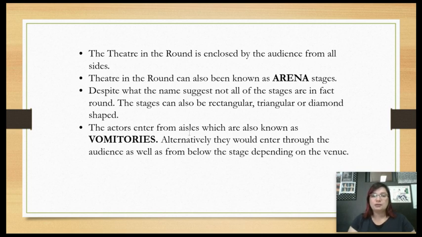Okay, the actors enter from aisles, which are also known as vomitories. Okay, this is an ancient Roman word, I believe. I must double check with Mrs. Jones because I always forget. But vomitories basically means entering areas. And they could also enter through the audience as well, or below the stage, depending on the venue.